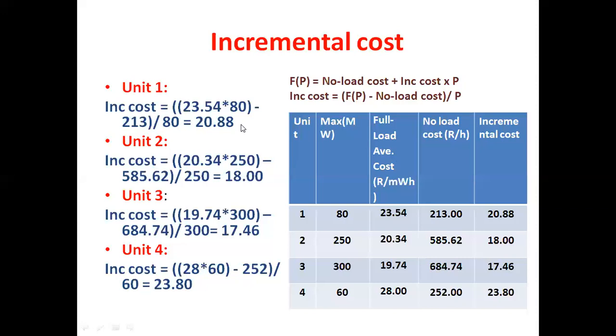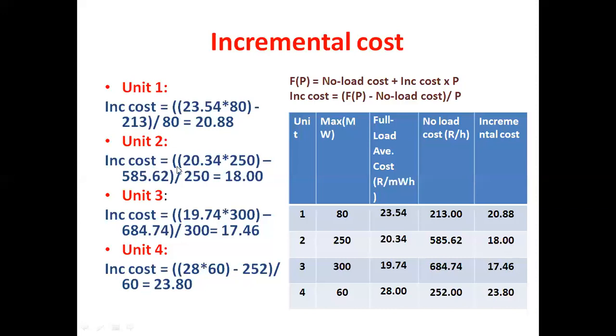That is the incremental cost for unit 1. For unit 2, unit 3 and unit 4 we calculate the same way, and it is 18.00 for unit 2, 17.46 for unit 3, and 23.80 for unit 4.